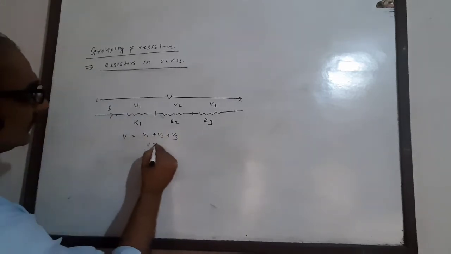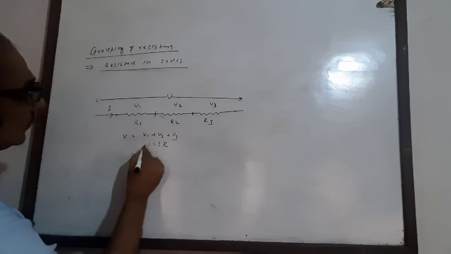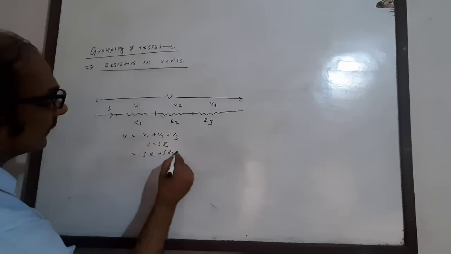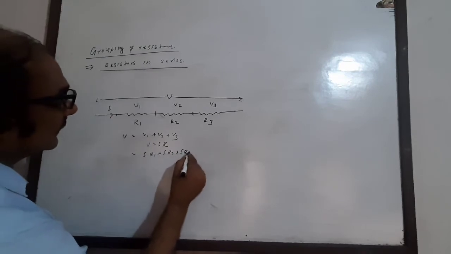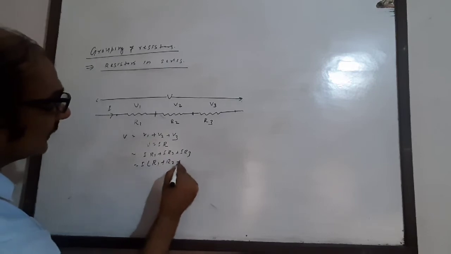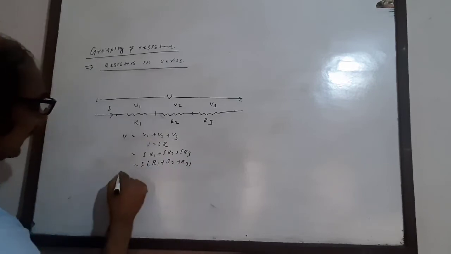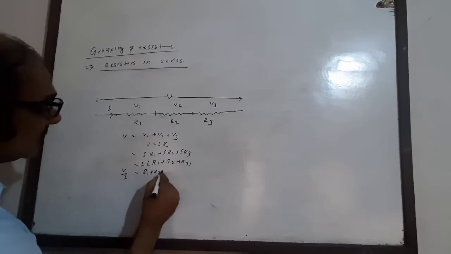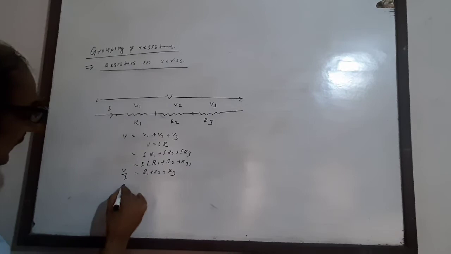And using Ohm's law, V is equal to IR. So V equals I R1 plus I R2 plus I R3, which is I times (R1 plus R2 plus R3), and V by I equals R1 plus R2 plus R3.